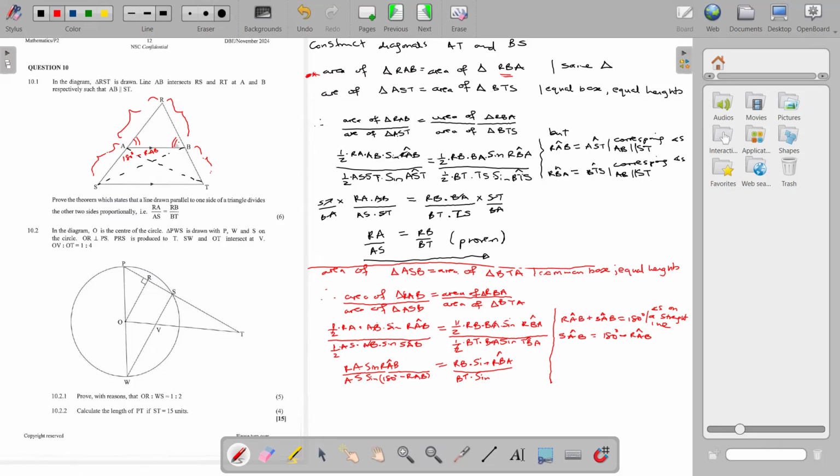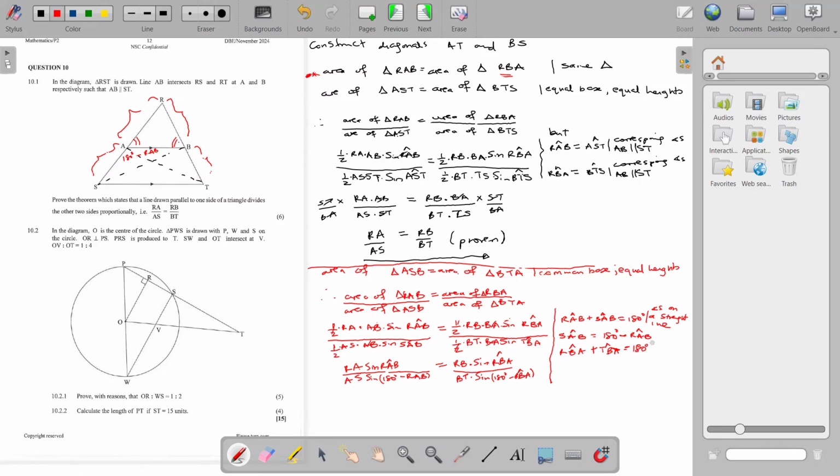But if you check, these two angles make a straight line, meaning to say angle TBA is 180 degrees minus angle RBA. So here it simply means we are saying RBA plus the angle TBA is giving us 180.